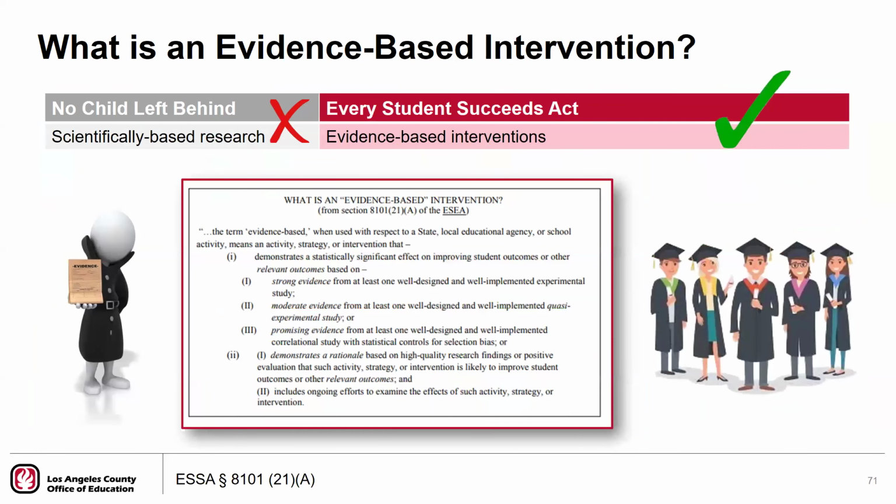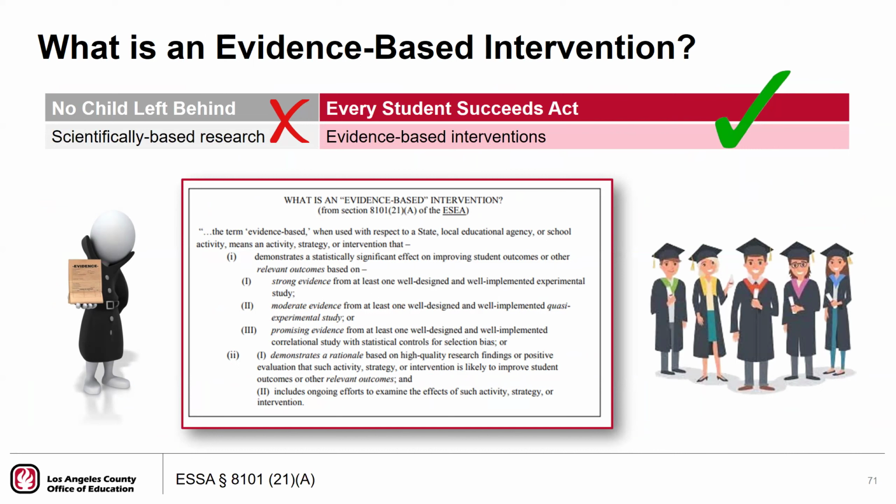Now, what defines an evidence-based intervention? Let's begin with the Elementary and Secondary Education Act that has consistently directed educators to implement interventions grounded in research. Almost 9 years ago, under No Child Left Behind, districts and schools were called to use scientifically based research as the foundation for education programs and interventions.